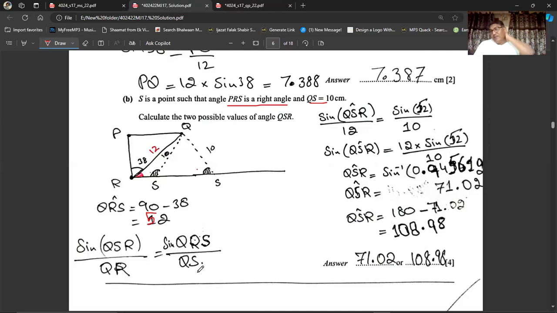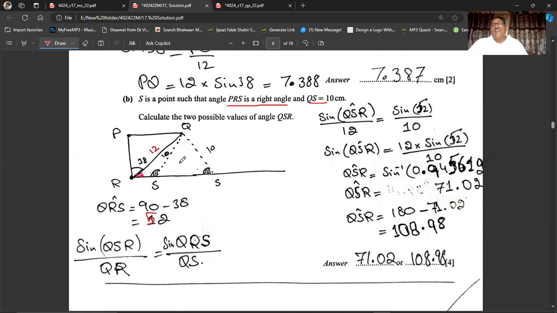You do it manually by subtracting that angle from 180. So 180 minus 71.02 is 108.98. So when S is here, it's the obtuse angle, 108.98. And when S is here, it's an acute angle, and this value will be 71.02. This is a case of an ambiguous triangle.